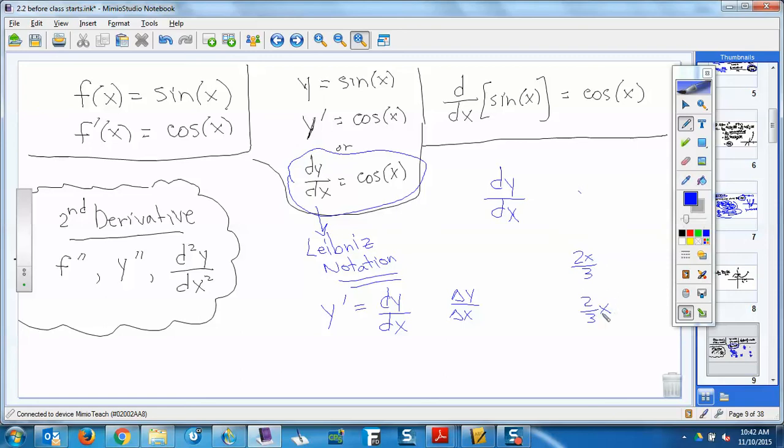Well, when I have dy over dx, I could also do that same thing, I could take that y and just put it out in front. It's kind of the same thing. It's still dy over dx. And then if y is sine, I can just put sine there in its place, you know what I mean? So it's like the sine is on top. It's kind of those same rules of fractions we had.